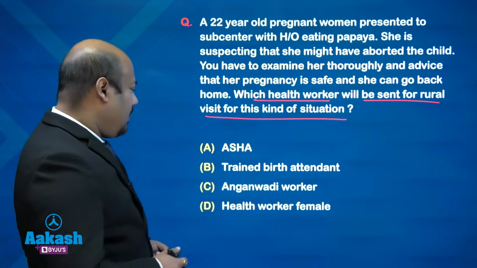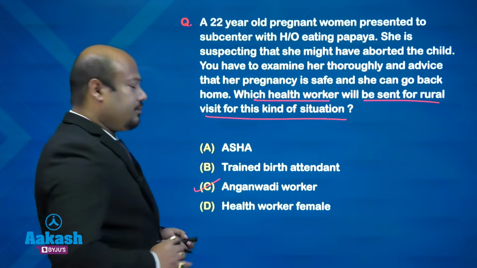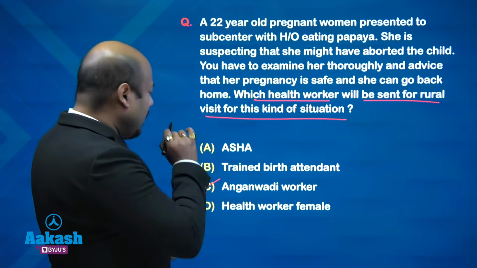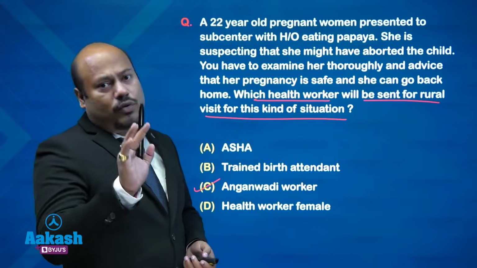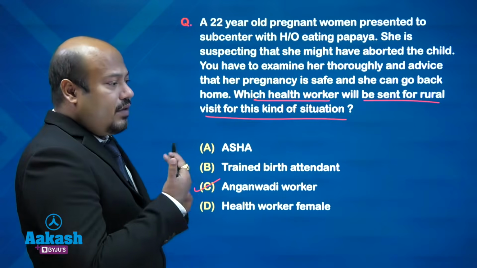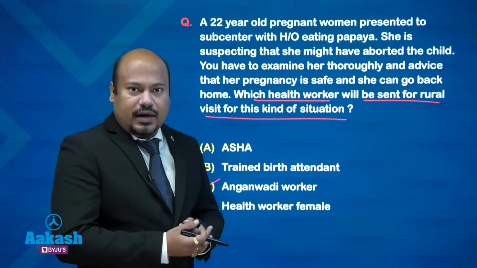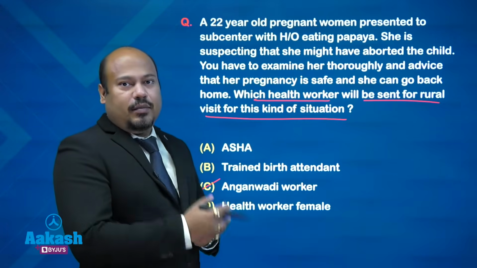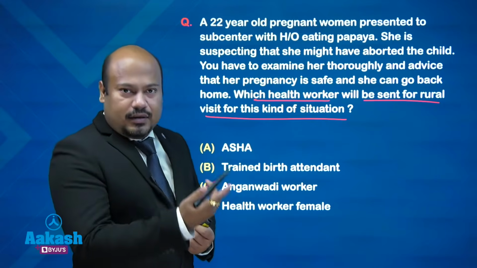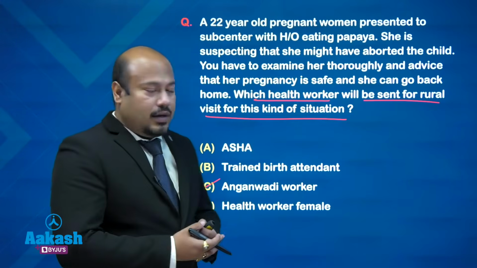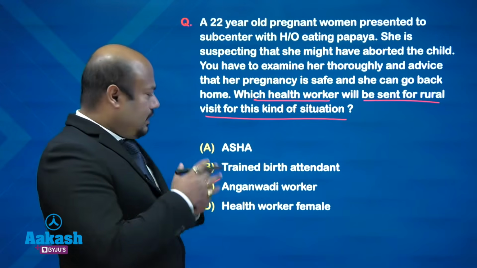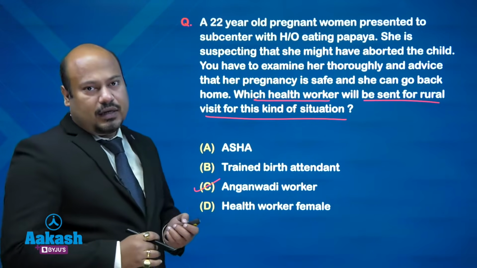So here the answer is Anganwadi worker, not ASHA. If you write ASHA, it will be wrong, because ASHA usually gives other advice, regarding contraception, iron folic acid tablets and other medicines required, but nutritional education is given by the Anganwadi worker.